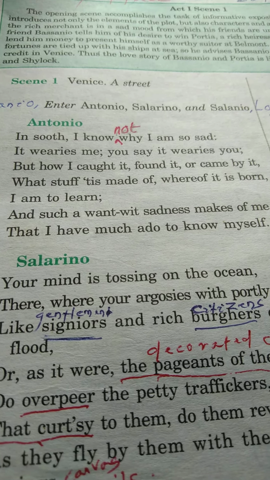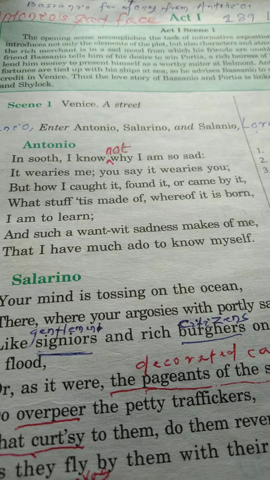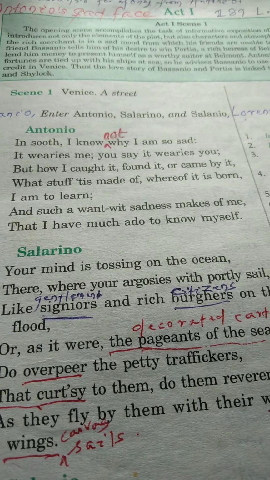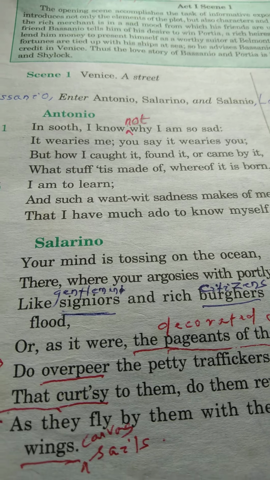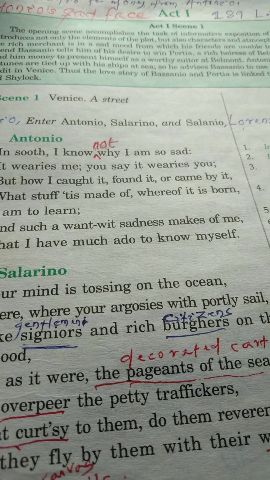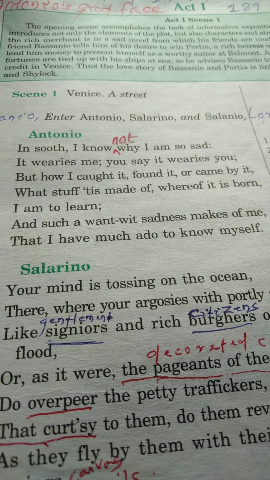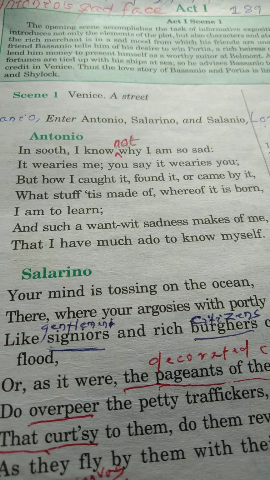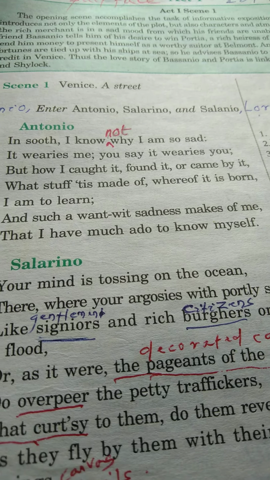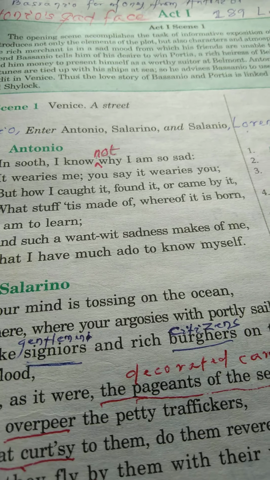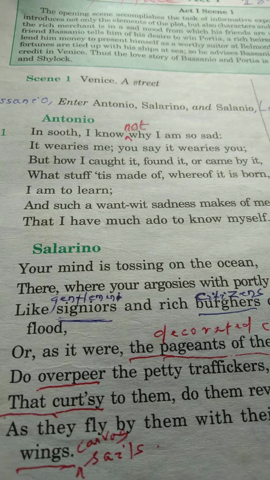That's why Antonio is worried about the safe return of his ships, his profit in the business. That's why he says, your mind is tossing, moving over the ocean. You are too much worried about your ships that have sailed in the ocean.